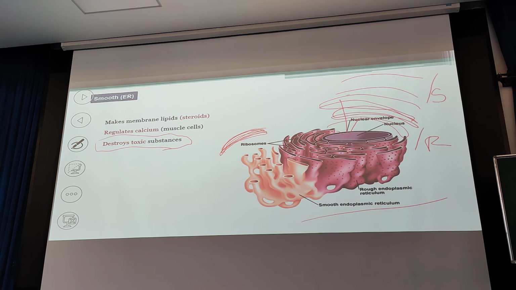It means that liver cells need to have an abundance of smooth ER. When you take some drugs, in most cases they are in insoluble form, and the function of the smooth ER is to add a hydroxyl group to the drugs or toxic compounds, and then make them soluble inside the body and easy to eliminate from our bodies.